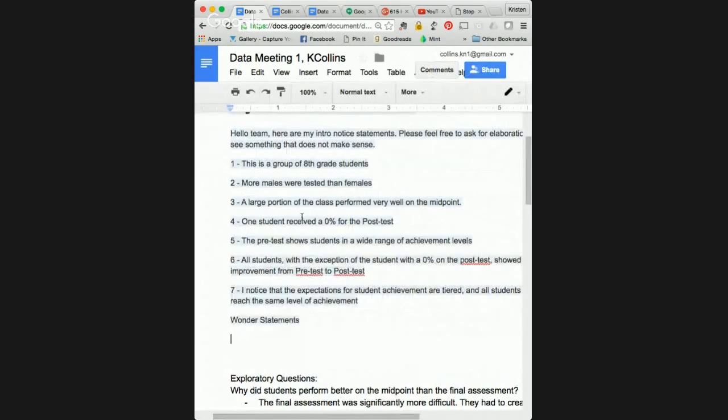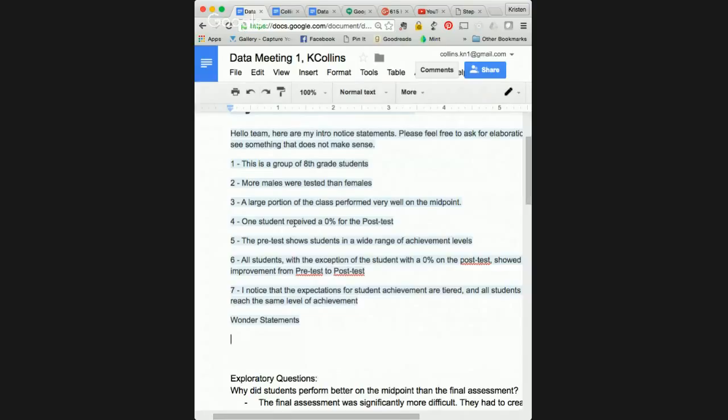It's a group of 8th grade students. Most were male. I only have about 4 females in that class. A large portion of class performed well on the midpoint. One student received a 0 for the post-test, and I can explain that, but he refused to take it, so he just kind of sat there multiple times, so that's why he received a 0.